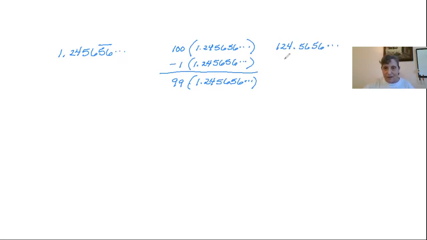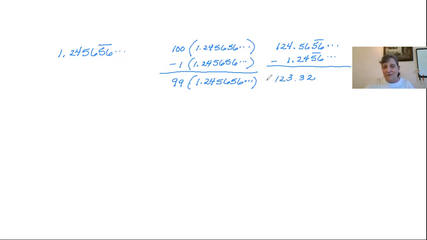Got it? Minus 1.2456 forever. We know this is the part repeating, so these are going to line up. So the 56s cancel, and I've got 123.32.